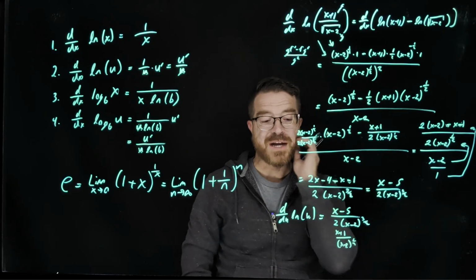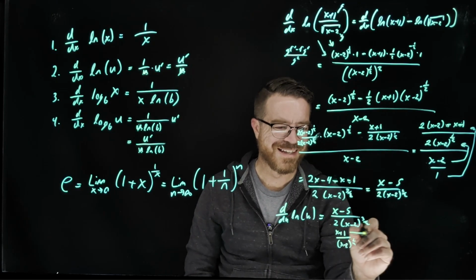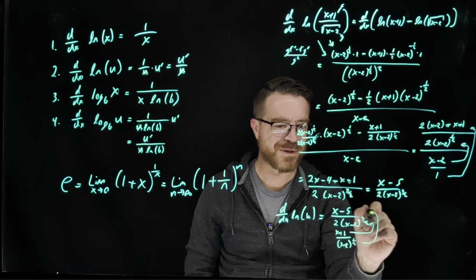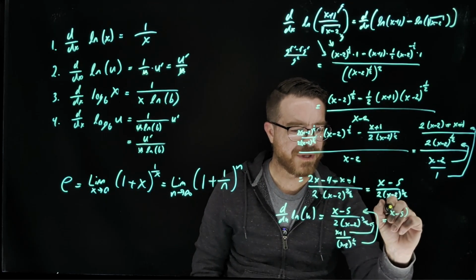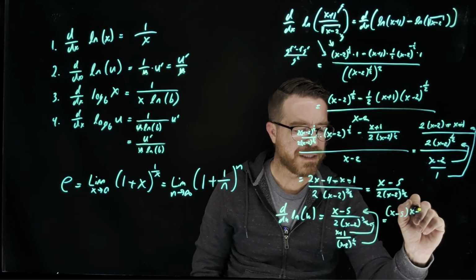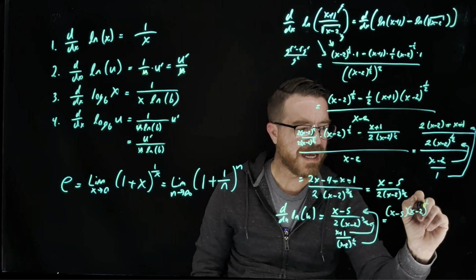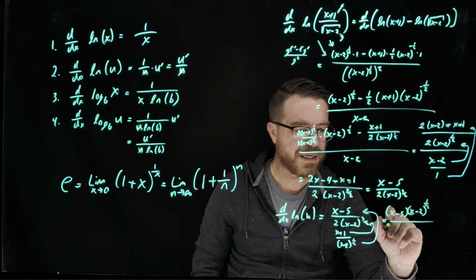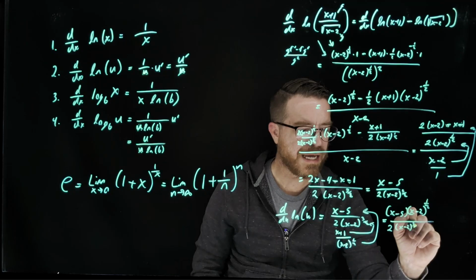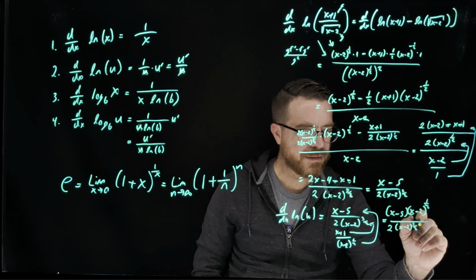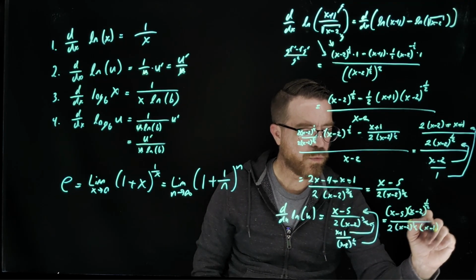So again, we're going to do fractional division. So this term is going to come to here. This term is going to come to here. We're going to get (x - 5) times (x - 2) to the 1 half divided by (2x - 2) to the 3 halves times (x + 1).